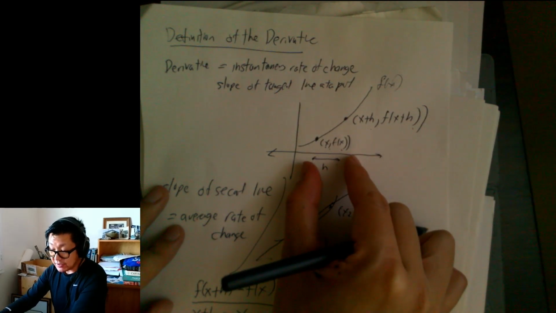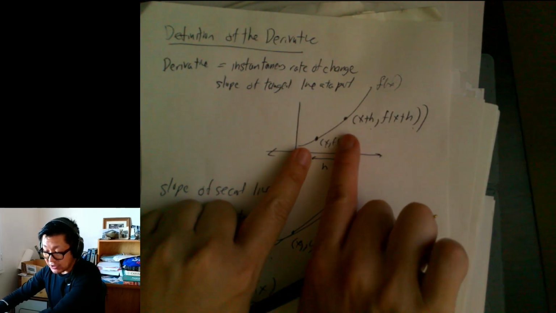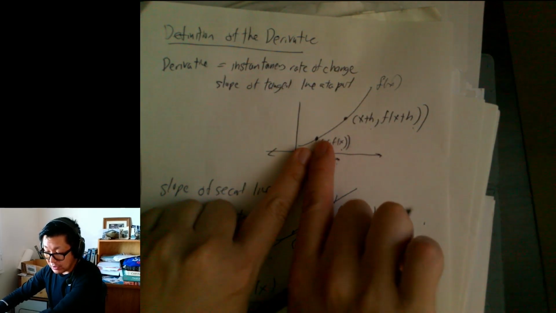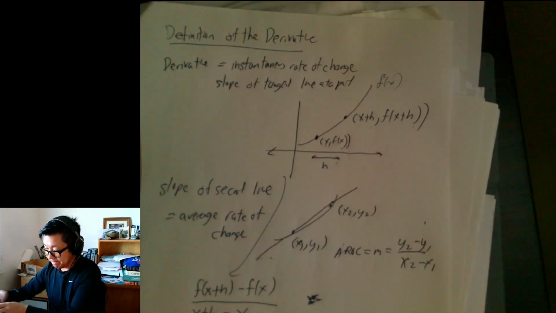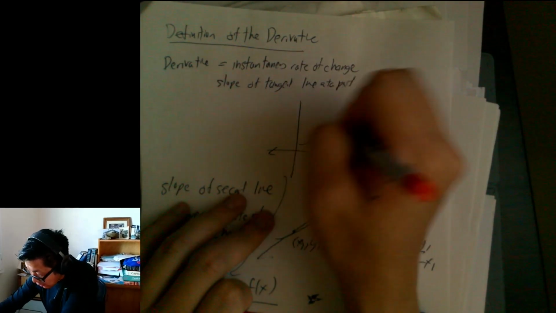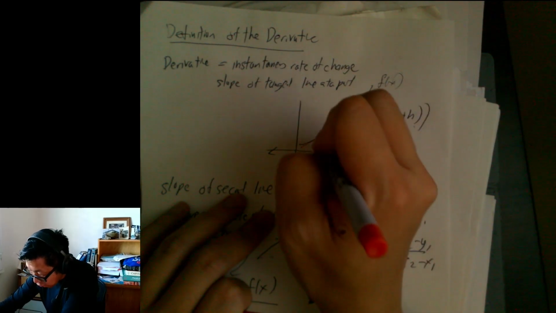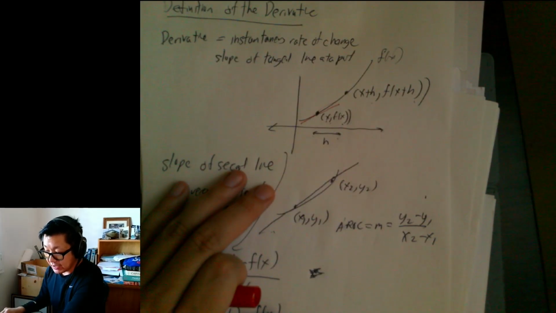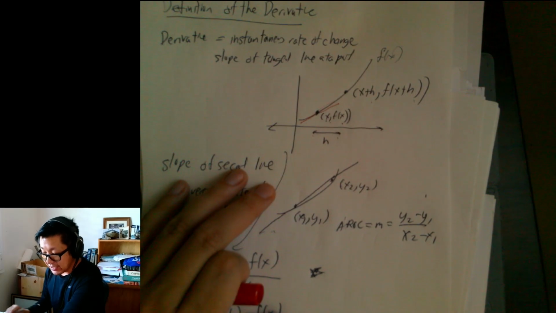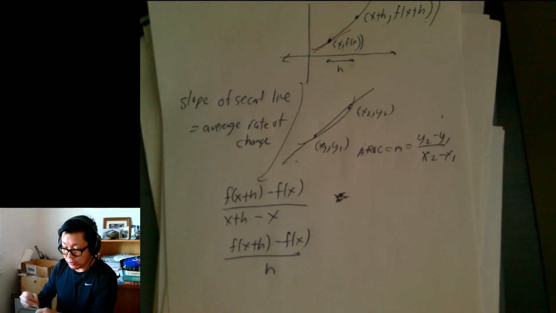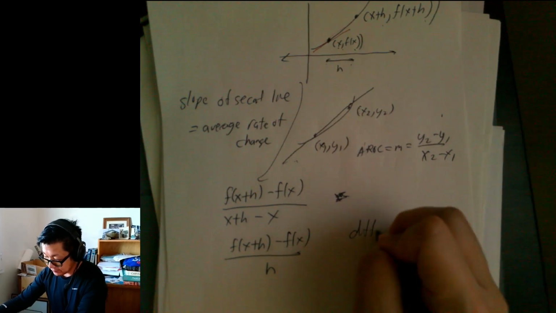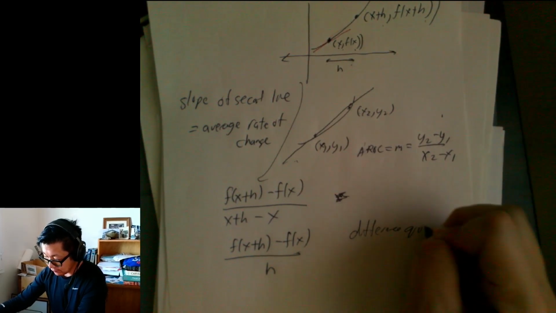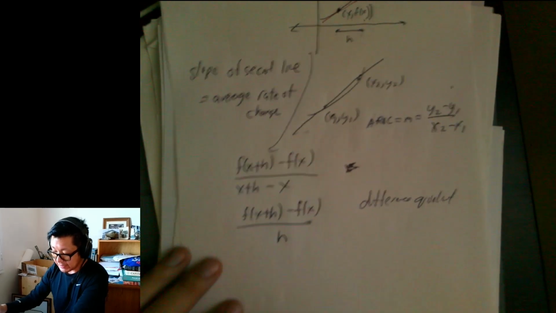Where we get the instantaneous rate of change is we let h approach 0. As h gets closer and closer to 0, we end up with the slope right at that point, aka the instantaneous rate of change, aka the derivative. So we modify our difference quotient with a limit.